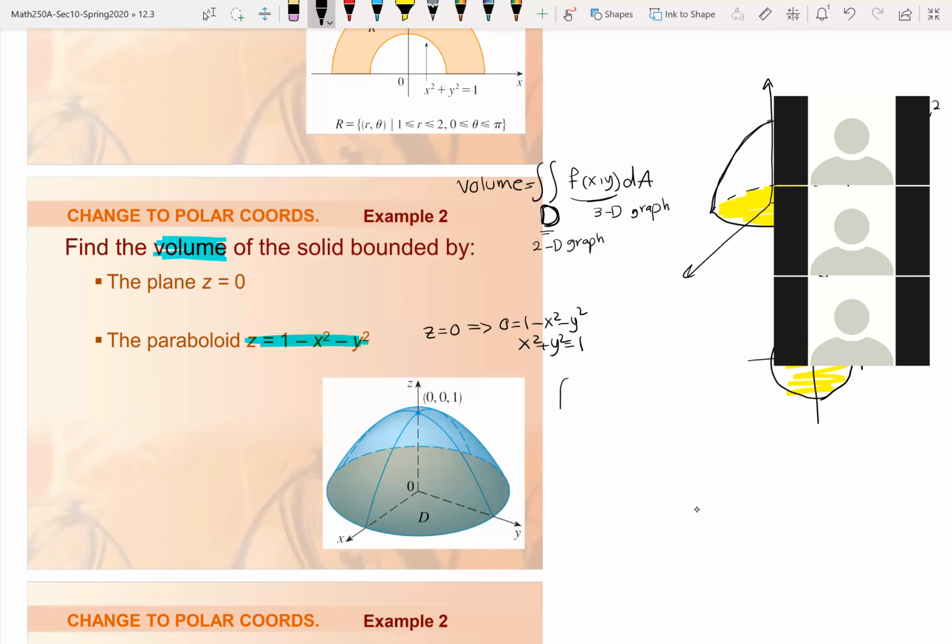So give me my limits of integration. Starting most of the time, 99% of the time in this course, theta is first. Which one is always first? The one which starts with the constant. At least in this course, for most of the problems, theta is the one which is a constant.